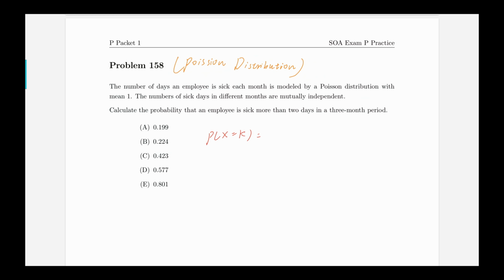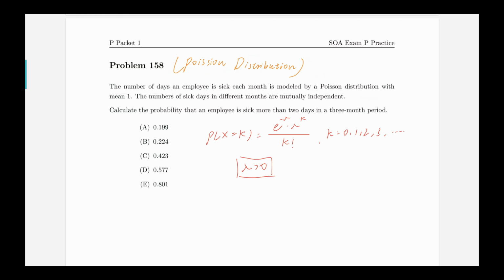This is defined to be e to the power of negative rho times rho to the power of k, all over k factorial. Basically, k is all non-negative integers: 0, 1, 2, 3. And usually we want rho to be positive.